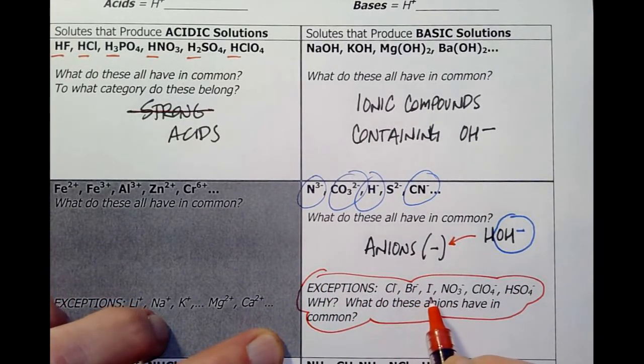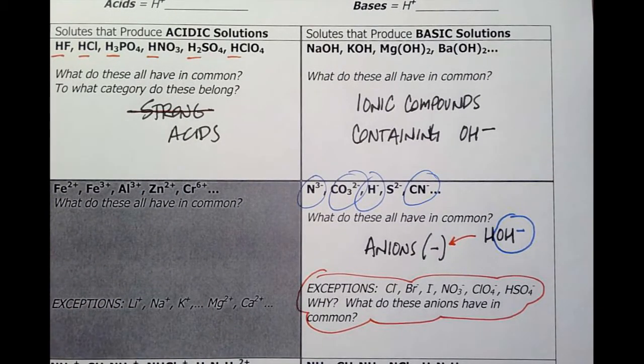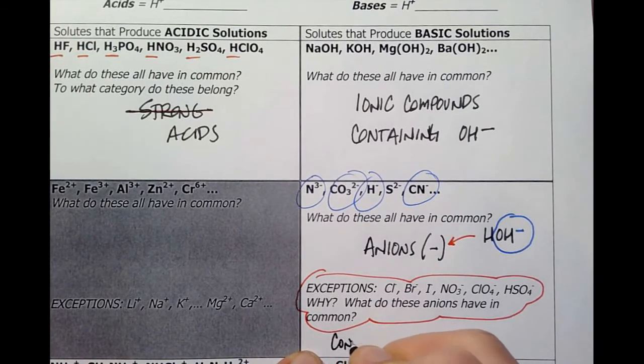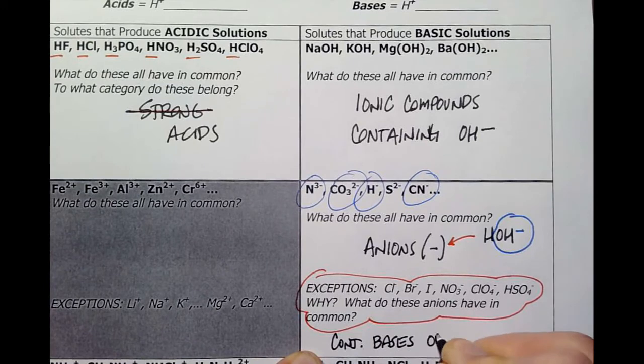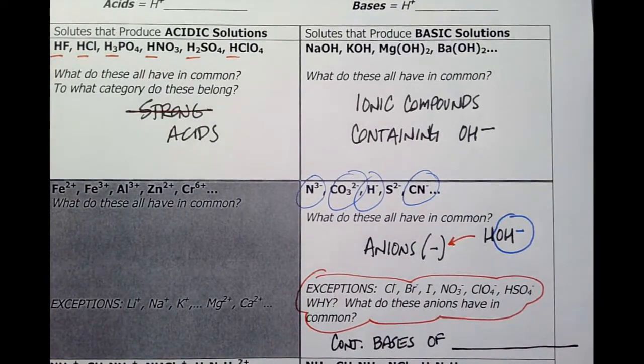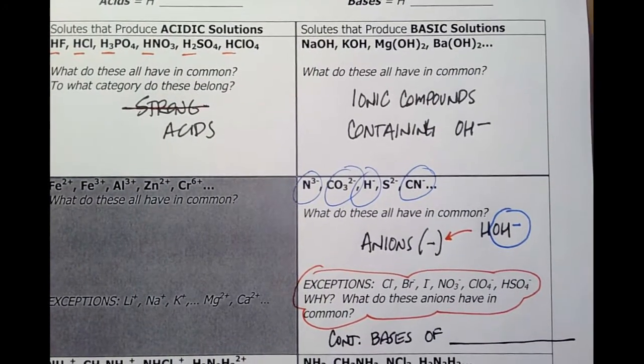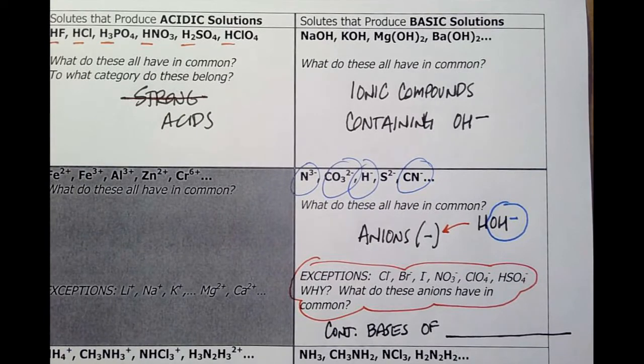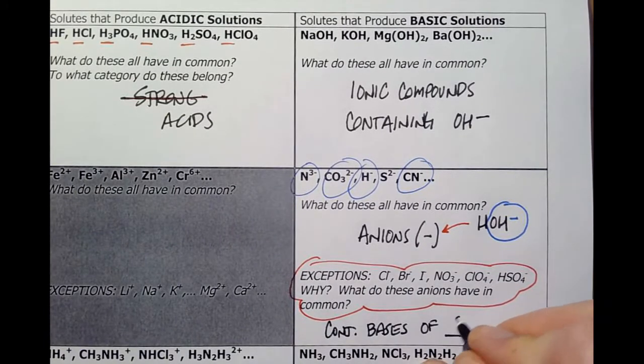Chloride, bromide, iodide, nitrate, perchlorate, sulfate, hydrogen sulfate. What do all those have in common, and why are we leaving them out? These are all conjugate bases of the strong acids.